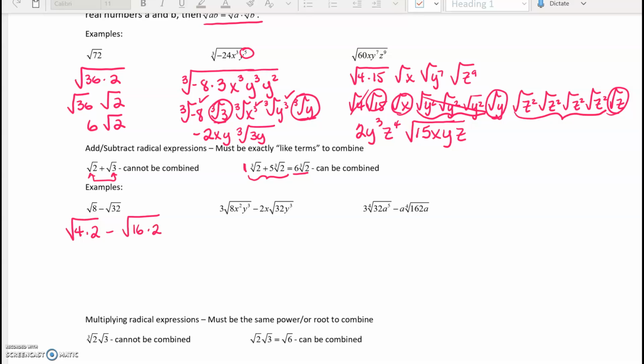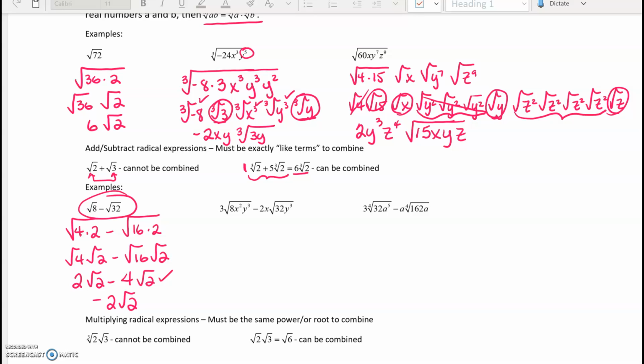So you have the square root of 4 times the square root of 2 minus the square root of 16 times the square root of 2, which is 2 root 2 minus 4 root 2, and you get negative 2 root 2. You have your same rules for adding and subtracting integers. Even though these didn't look anything alike, when we got them simplified, they were alike.